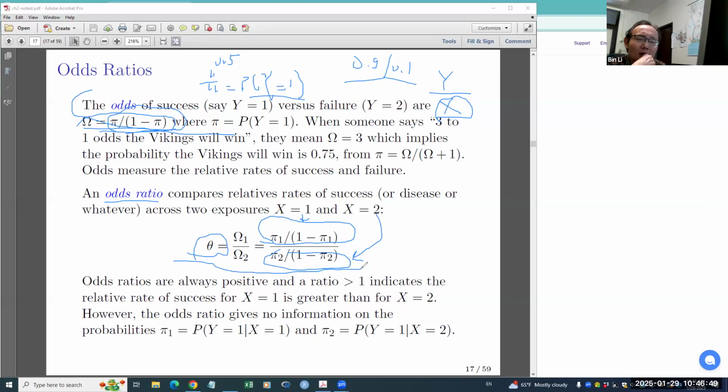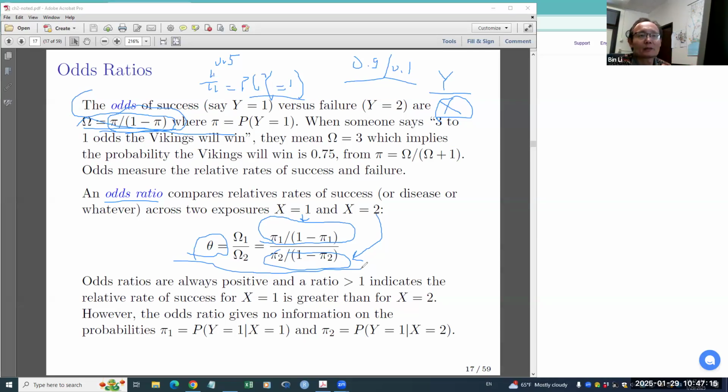And you may ask, we have the difference of proportions, we have the relative risk. Why do we need to talk about the odds ratio? They give almost similar information comparing pi1 and pi2, is that right?